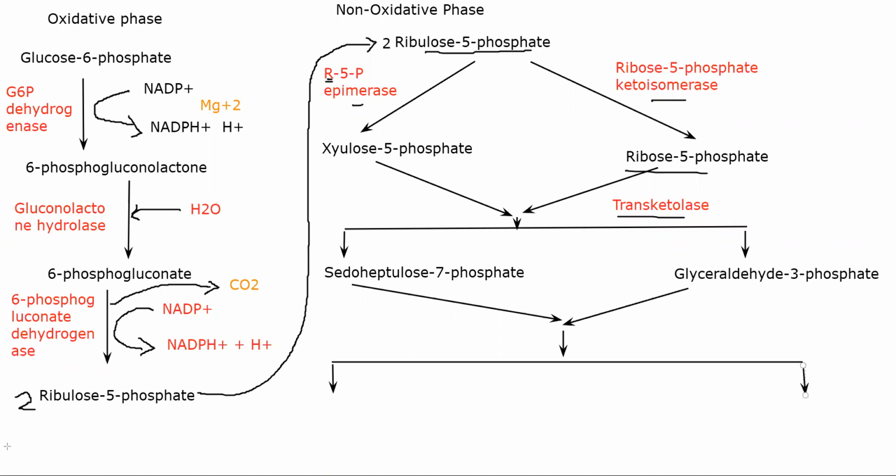I'll subject these both to something called transaldolase. Transaldolase is the enzyme, right? This will basically split the molecule again. Now I have one molecule of 7 carbons here and one molecule of 3 carbons here, right?